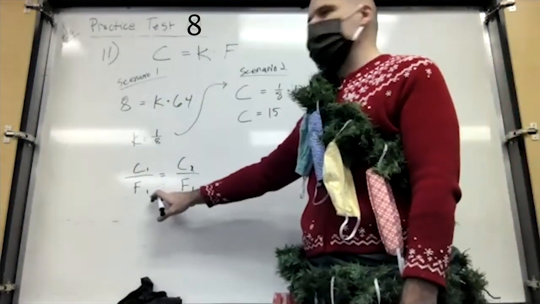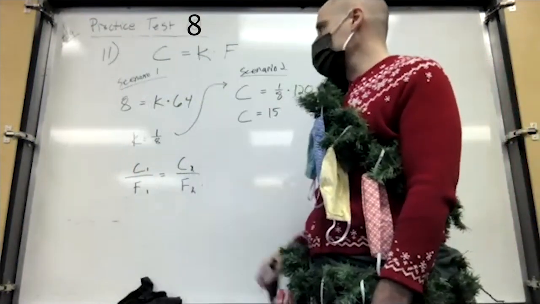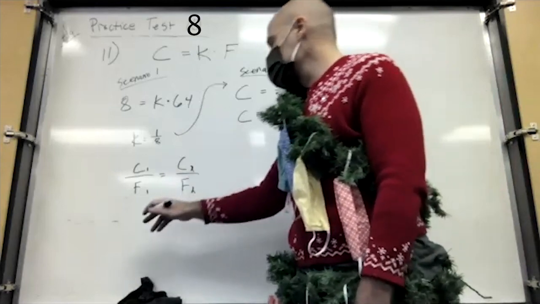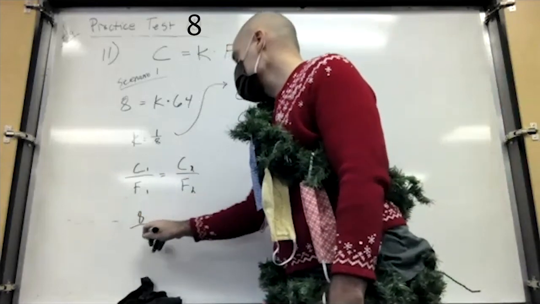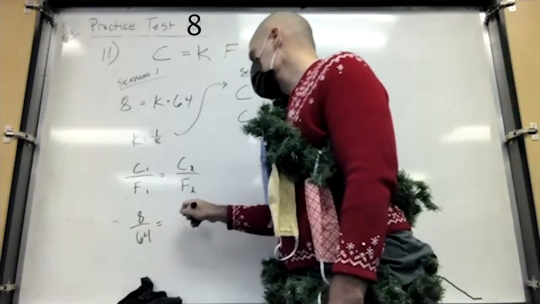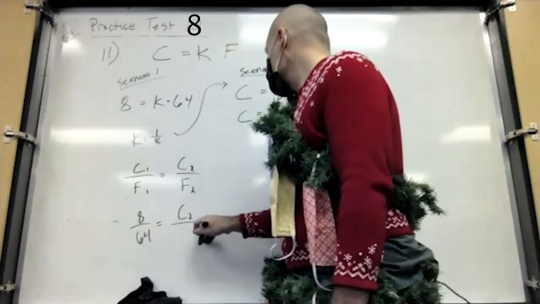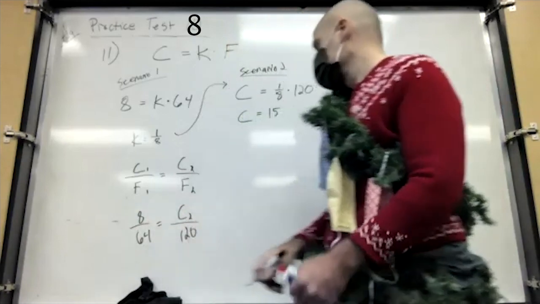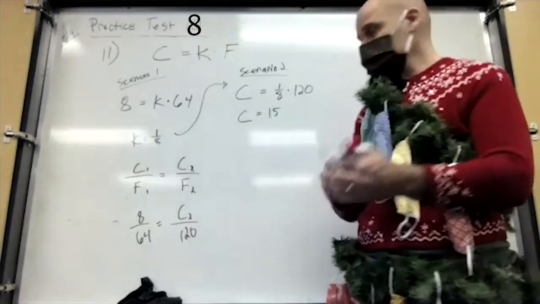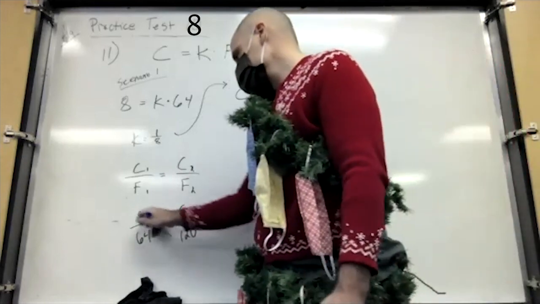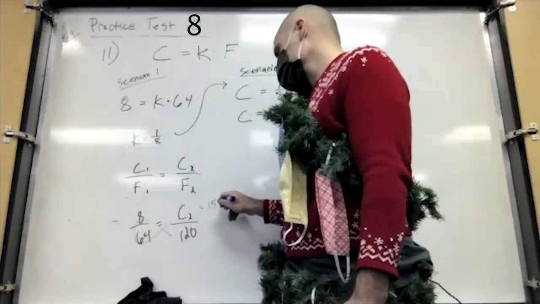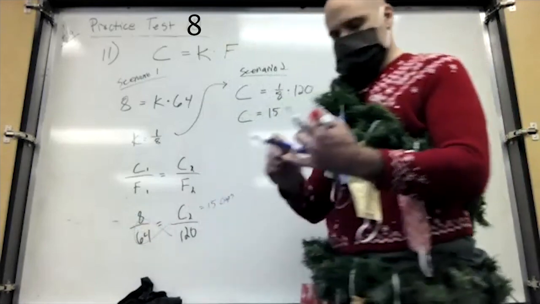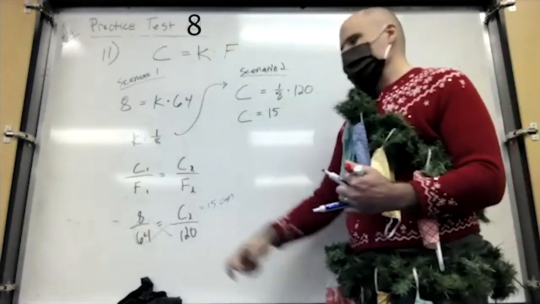So C1 is to F1 as C2 is to F2. Okay, so C1 was 8. F1 is 64. C2 we don't know, but F2 is 120. Cross multiply, and you get 15 cups. Okay? So either way works.